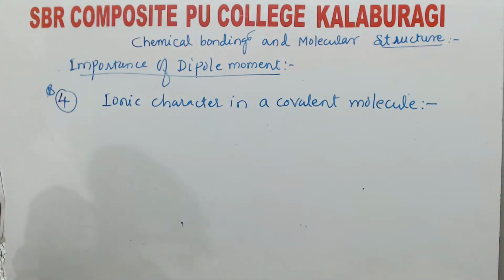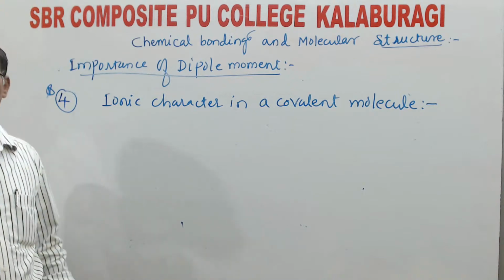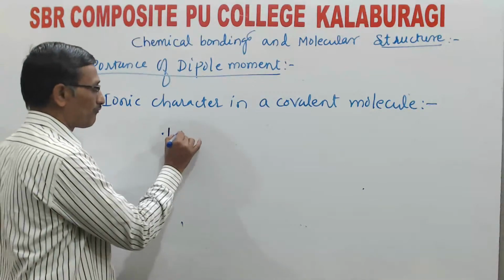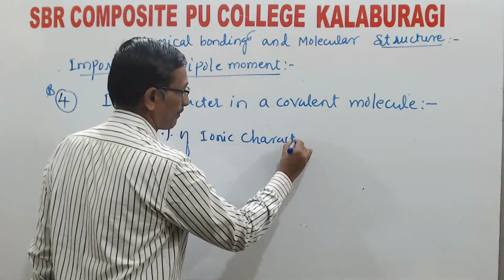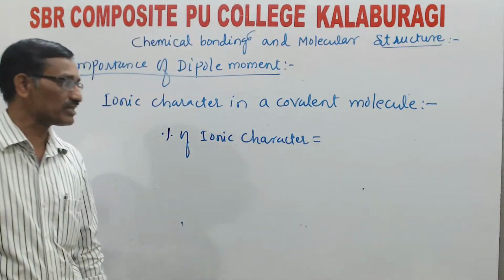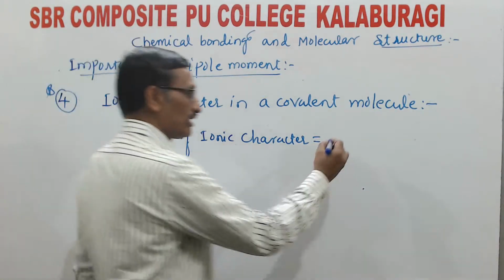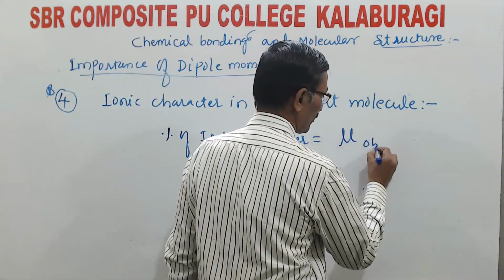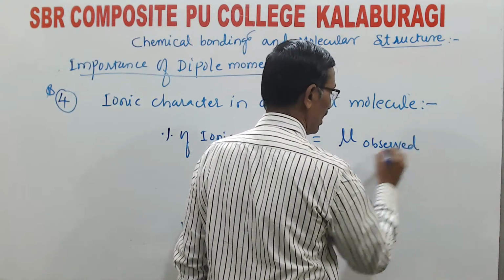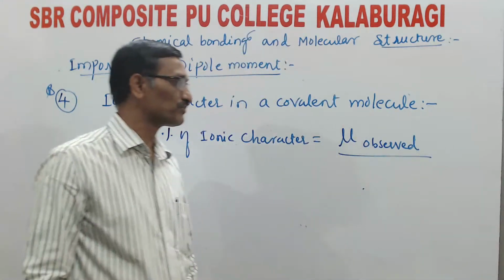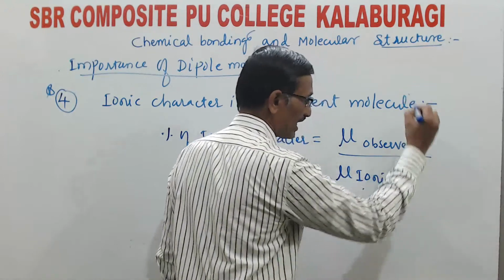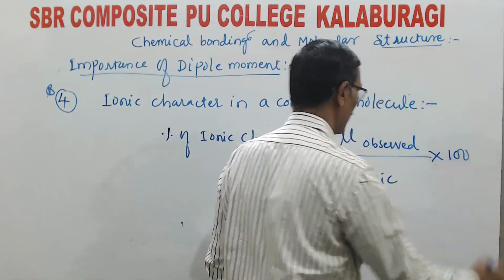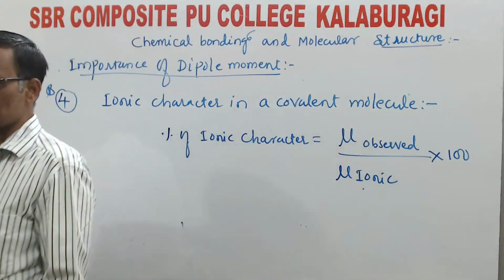The percentage of ionic character is given by the observed dipole moment for the given molecule divided by the dipole moment for 100% ionic character, multiplied by 100. This formula we are using. It is a shortcut formula.